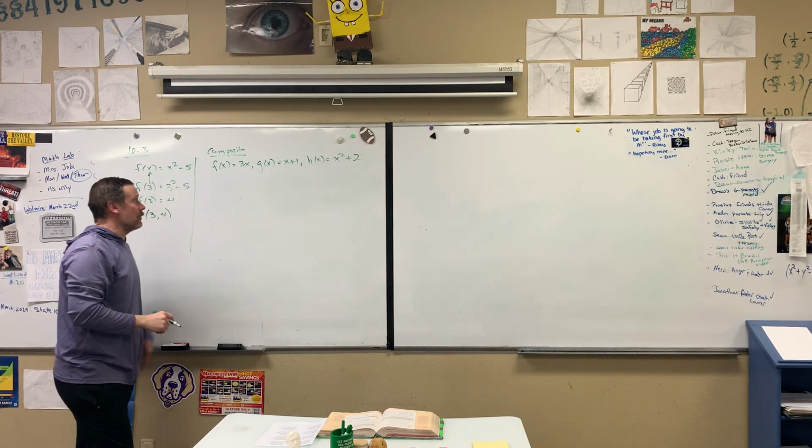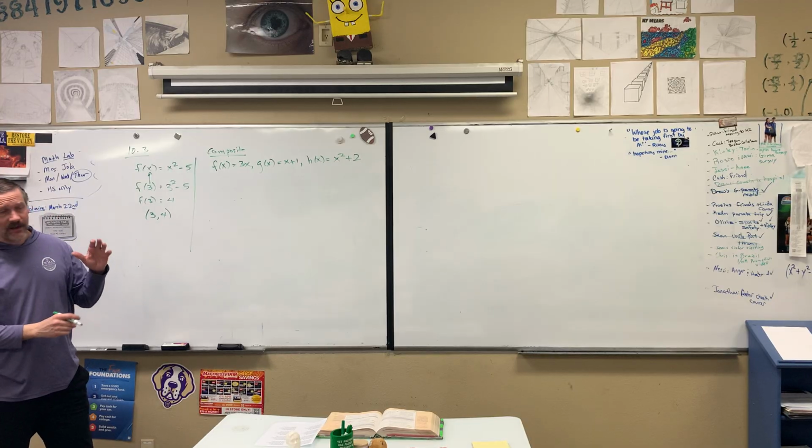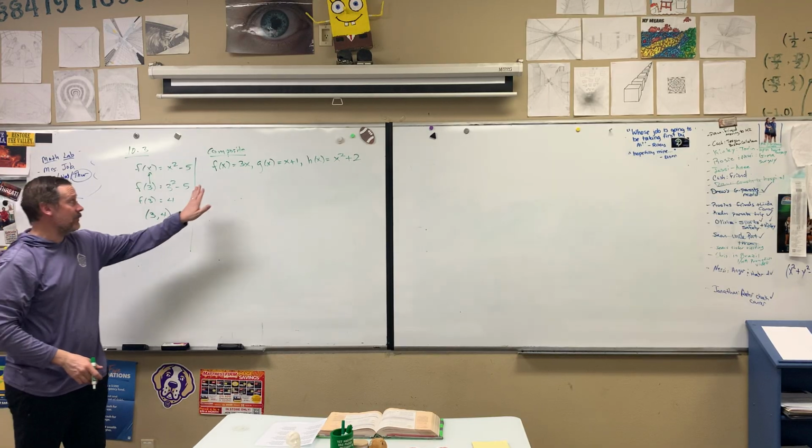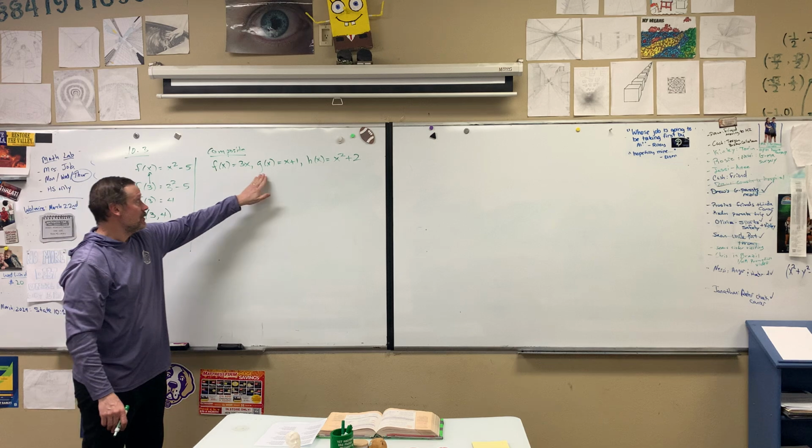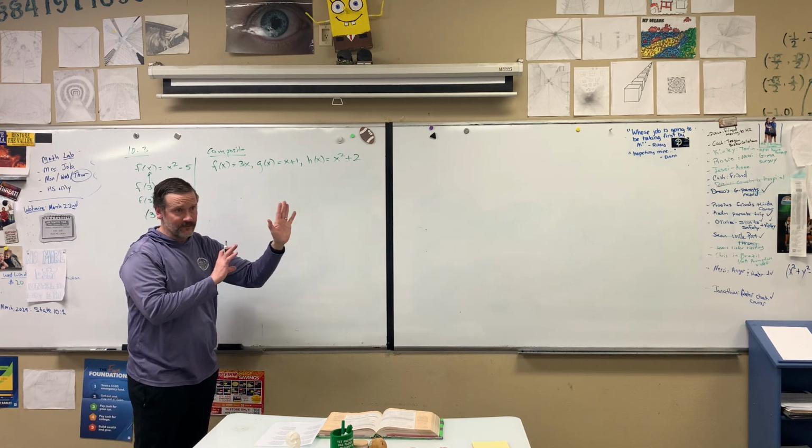So here you have 3 functions given to you. These are not composite functions yet, they're just individualized. So f is a function, g is a function, h is a function. So 3 separate functions.